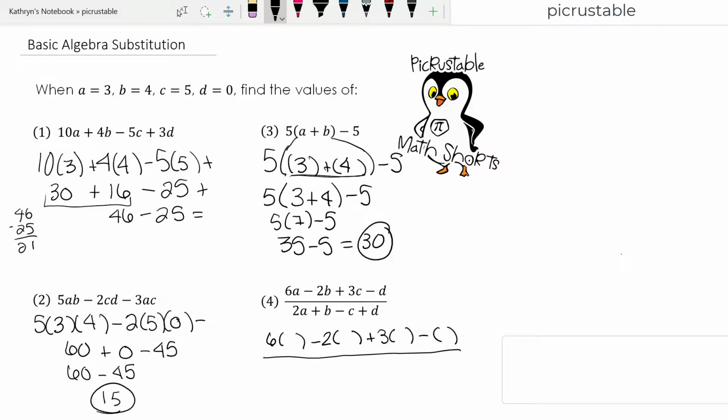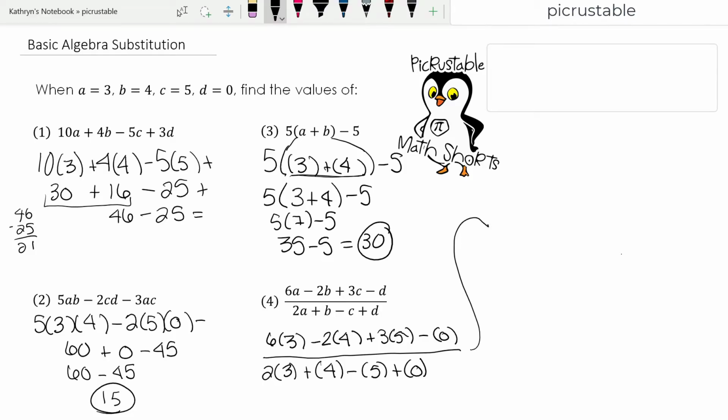A is 3, B is 4, C is 5, and D is 0. All right, now let's do the denominator. 2 times A, another parentheses, minus a parentheses, plus a parentheses. All right, A is 3, B is 4, C is 5, and D is 0. Okay, great.